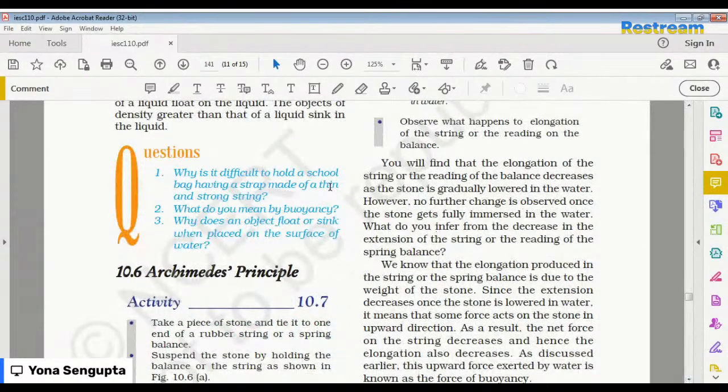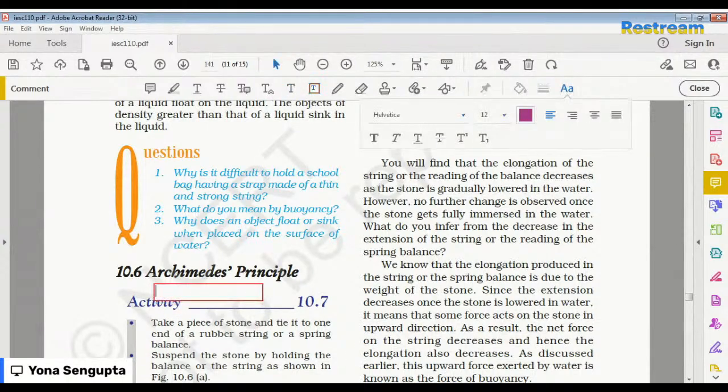Okay. So here we have, why is it difficult to hold a bag having a strap made of thin and strong string? Okay. So the first thing is that the force that is exerted by the thin and strong string is distributed over a very small area, and hence the force applied due to the bag is more.